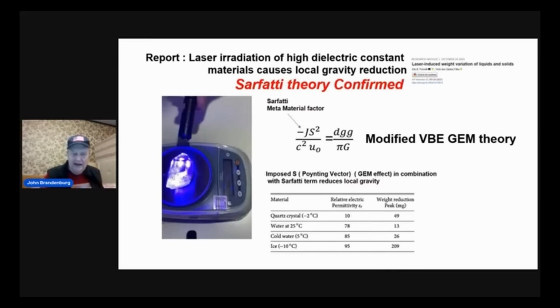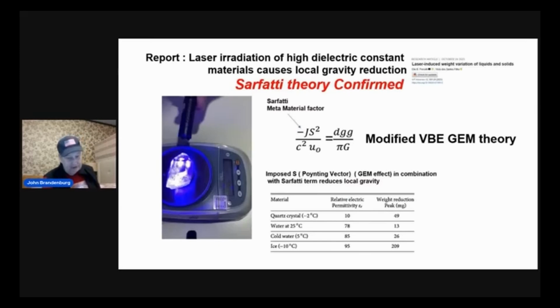They simply irradiated it with a 5-watt laser. Now that's a powerful laser. That'll blind you. So be careful if you do a repeat of this experiment. But look at the weight losses they got. Once again, we're using the pointing vector, that's the laser, to modify local gravity. However, this is extremely important.